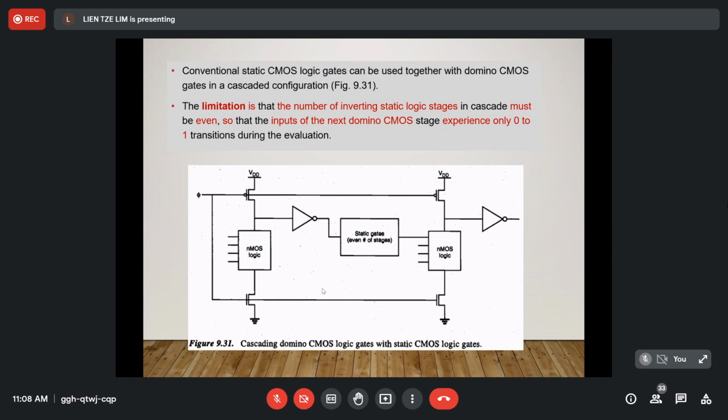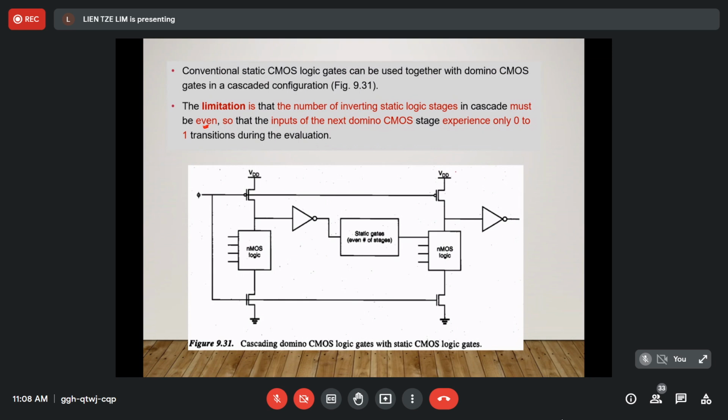These can cascade with multiple domino logic gates, but the number must be even. This is the limitation. We cannot simply cascade any number of domino logic gates. We must make sure that the number chosen is even.